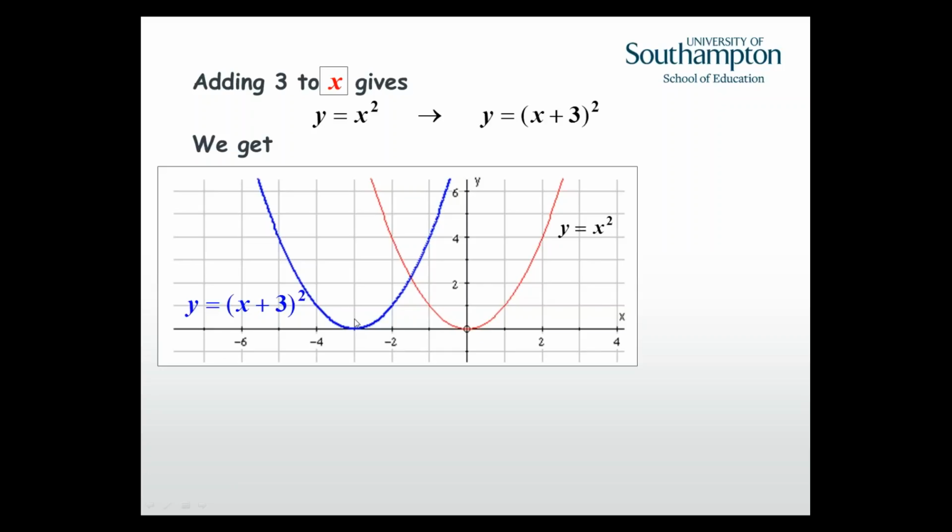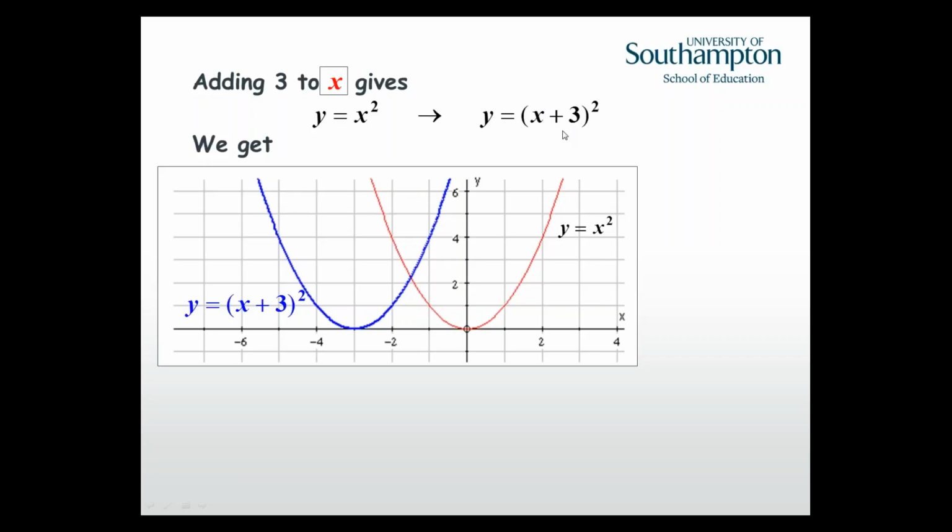It seems counterintuitive because we see a plus and we think positive. And that was true when we were just adding a constant to the whole thing, adding 3 to all of the y values. But now what's happening is we are saying what value has to go in here to make it, for example, 0. We would need minus 3.